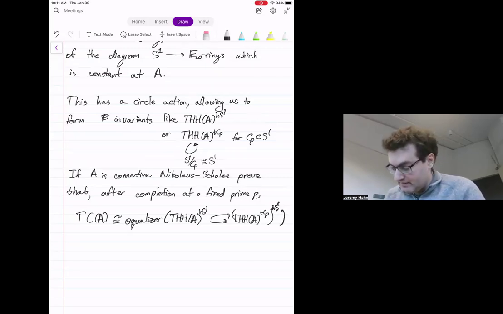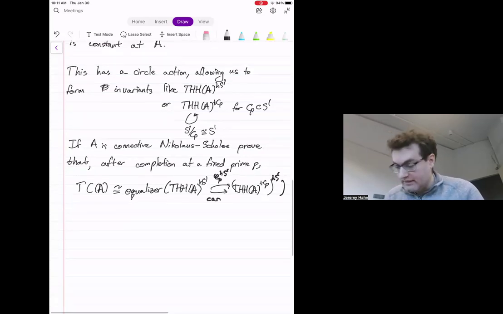And these two maps are often called can and phi_p^{hS^1}.